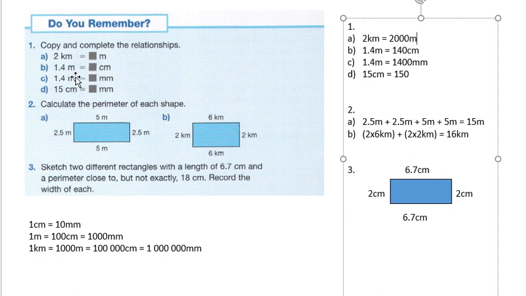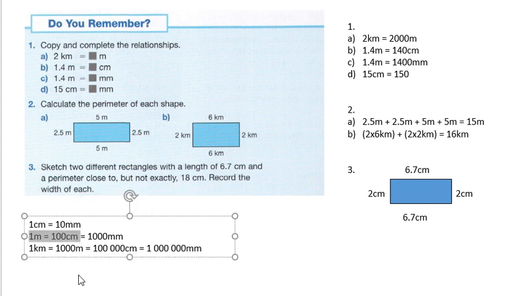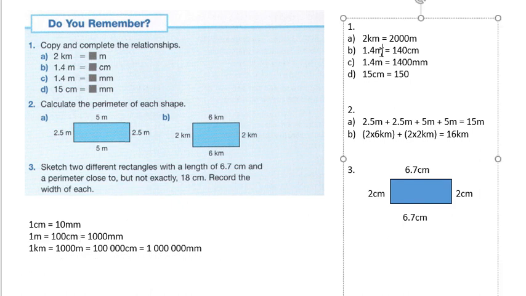Let's go to the next one. 1.4 meters is how many centimeters? So this one would help right here. 1.4. So we're dealing with a decimal here. So we know that the 1 meter of our 1.4 is 1 whole meter. The 0.4 tells us 4/10 of a meter.